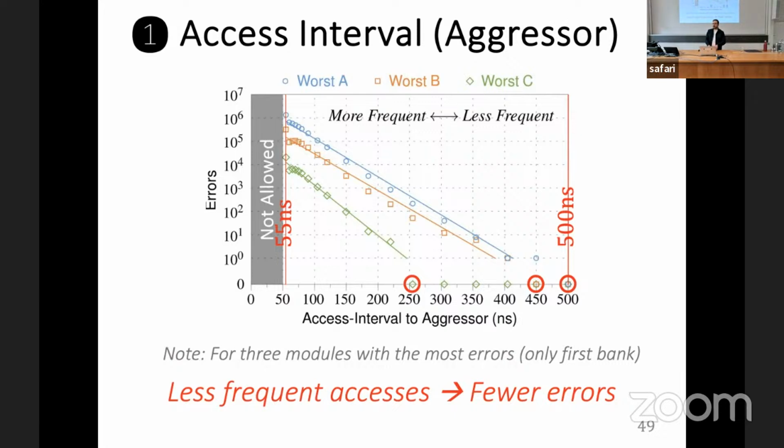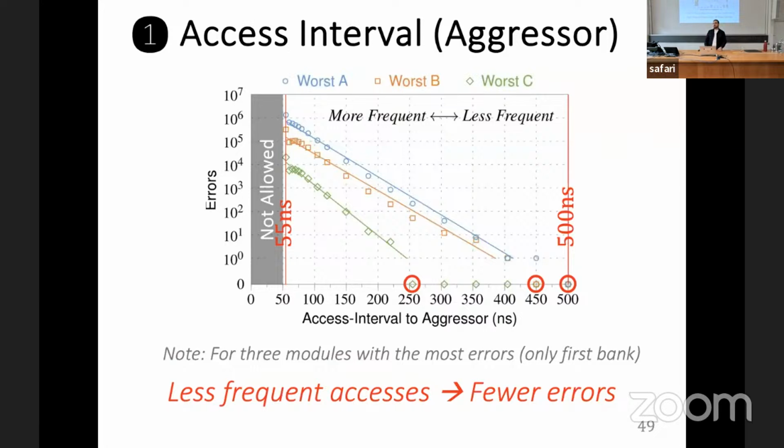After you activate a row, there's a time window that you need to keep that row active for. And then you can close that row. And after sending the closing command, which is precharge, you need to wait for the latency of that precharge operation until you send the second activation. So the minimum time window between two consecutive activations is around 55 nanoseconds.